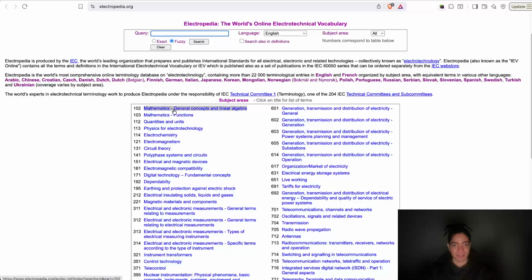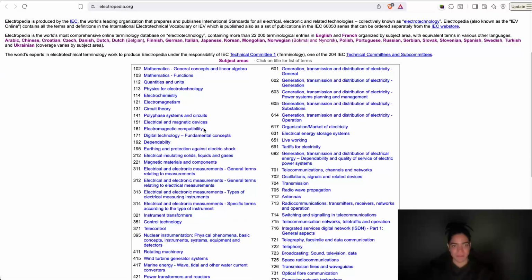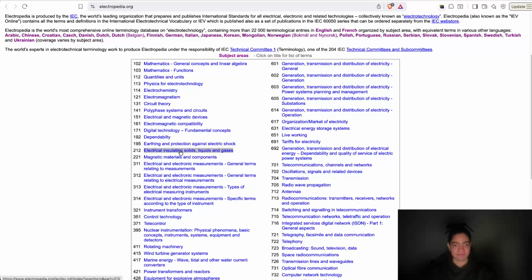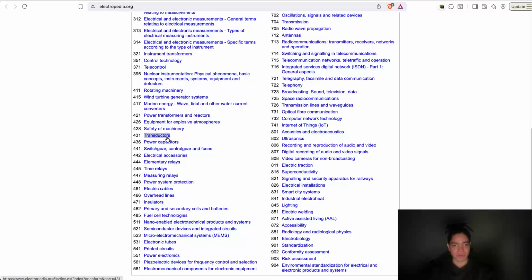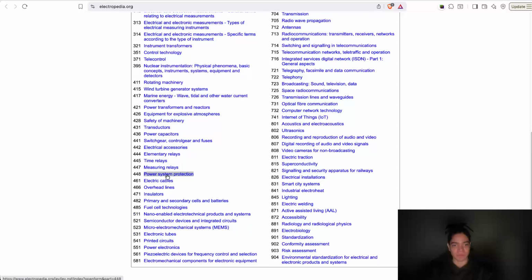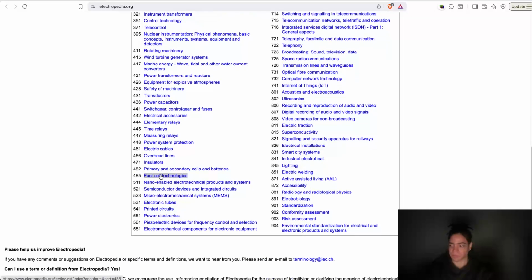So you have mathematics general concepts about linear algebra, mathematical functions, quantities and units, physics and electrotechnology, electrochemicals, circuit theory, polyphase, electromagnetics, telecontrol, nuclear instrumentation, transducers, power capacitors, time relays, measuring relays, power station protection, electric cables, nano-enabled electrotechnical products, microelectromechanical systems.